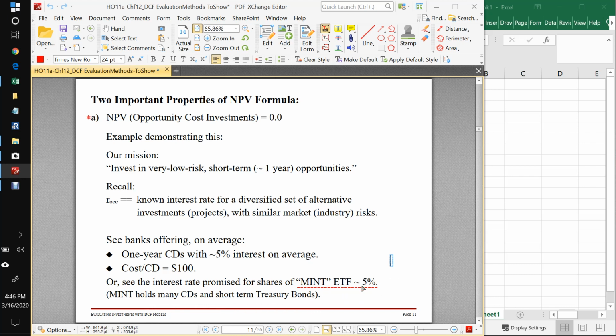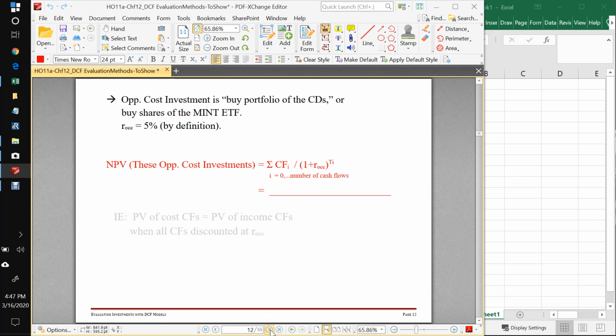We could look up on PIMCO's website, the purveyor of this exchange traded fund, what their future yield rate, discount rate, yield to maturity is. They publish this frequently, and let's say we found 5%. Either of those would be fine. We could construct this diversified portfolio ourselves, looking at CDs at bankrate.com, or we could simply pick an ETF that's already done a lot of that for us.